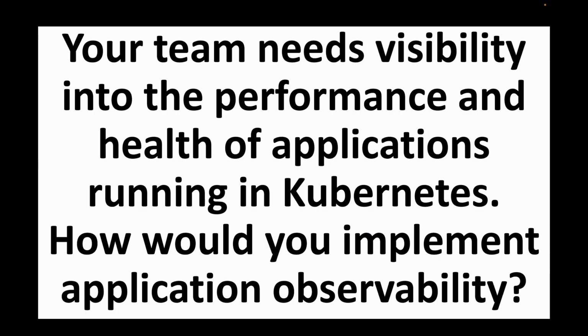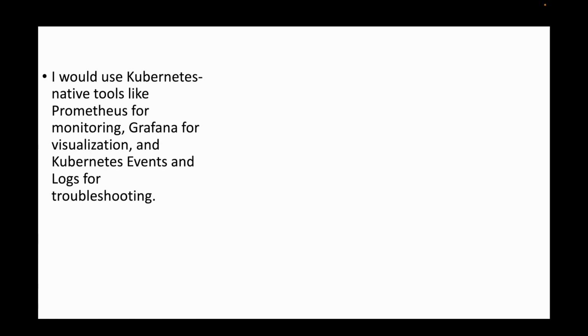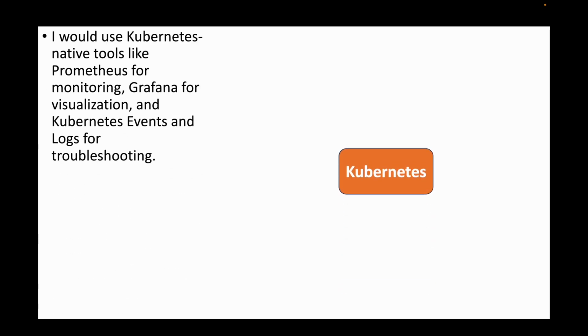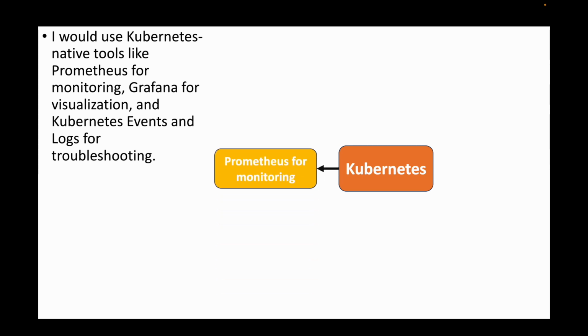The next question we have is, your team needs visibility into the performance and health of applications running in Kubernetes. How would you implement application observability? So again, with this, we can make use of Kubernetes native tools like Prometheus, which can be used as your data source. And we can make use of Grafana for visualizing that data.